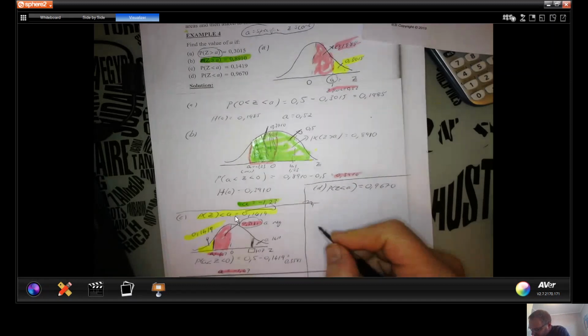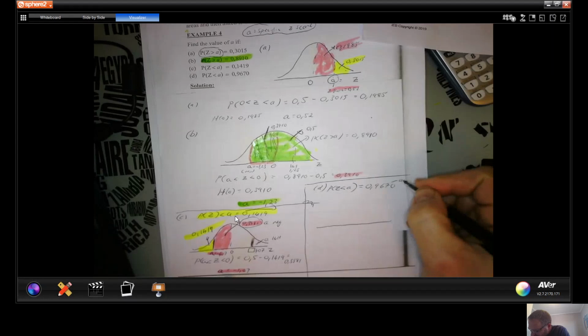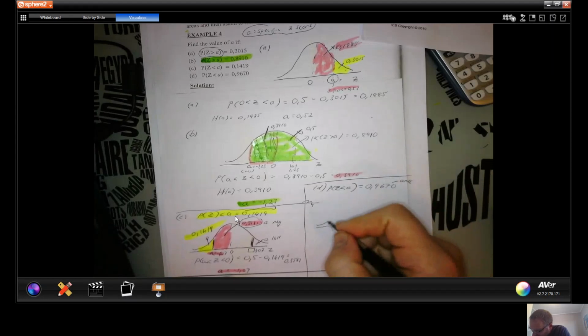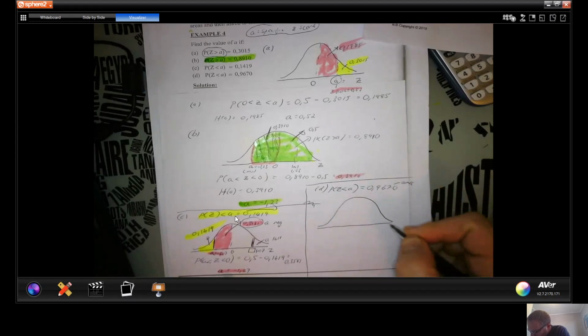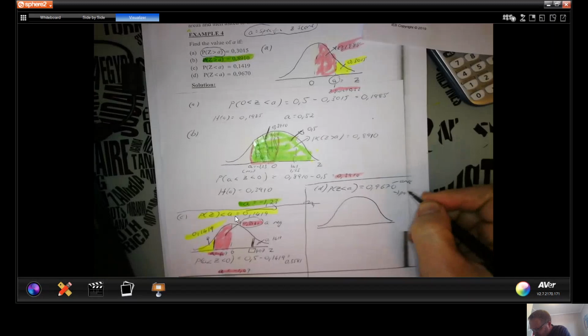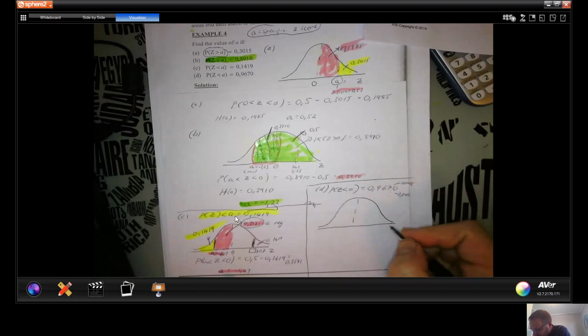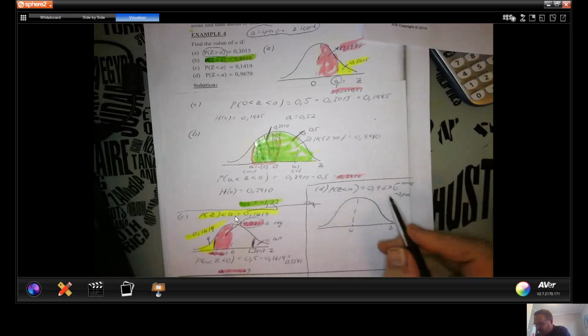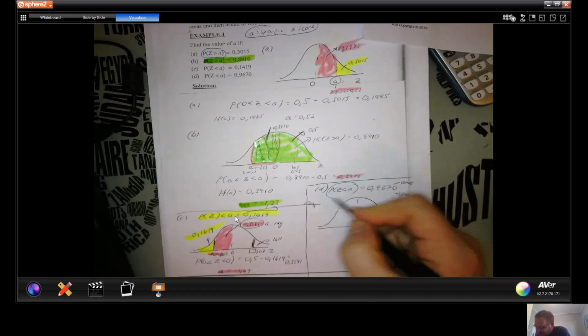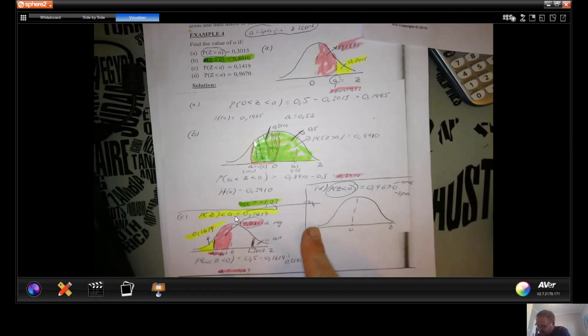The probability of Z less than A is equal to 0.9670. So we need to draw a diagram. Remember, this is an area under a curve, and the maximum area under a normal distribution is 1, because it's the probability. Now there's a Z score of 0, and the area to the left here is 0.5. Ours has got to be bigger than that.